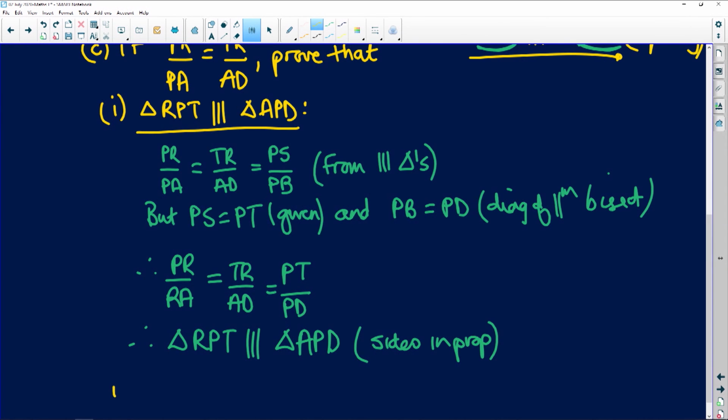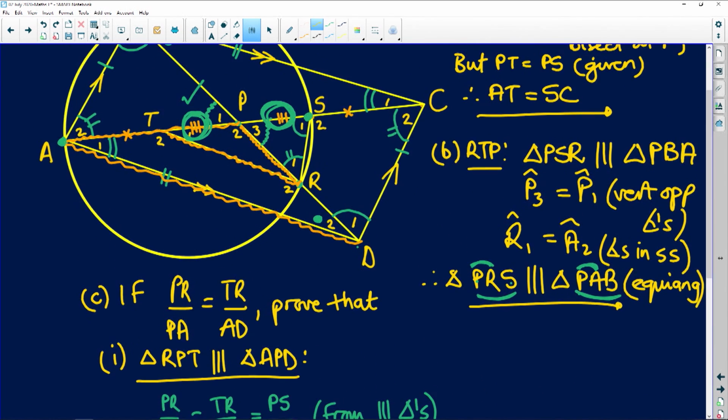Now, for the second part, a quick one, they ask us to prove that TADR is a cyclic quad. Now, folks, from similarity, D2 became equal to the angle T1. Now, that's exterior to the quadrilateral, hence it's a cyclic quad.